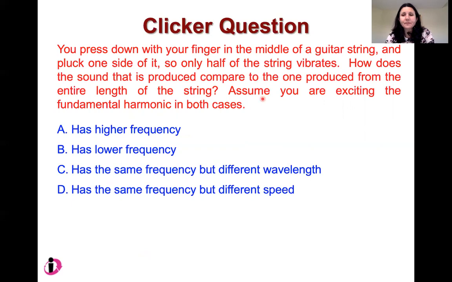All right. And then let's assume that whether your string is the full length or the shorter one, half of it, you're exciting the fundamental harmonic. So what happens to the frequency of the sound produced when you reduce the length of the string by half? So think about this.